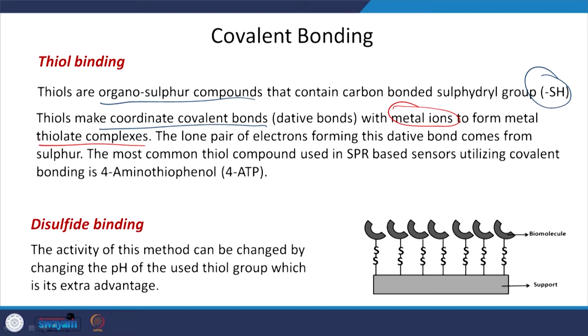So, the lone pair of electrons which this sulfur has is donated to the metal to form a bond.